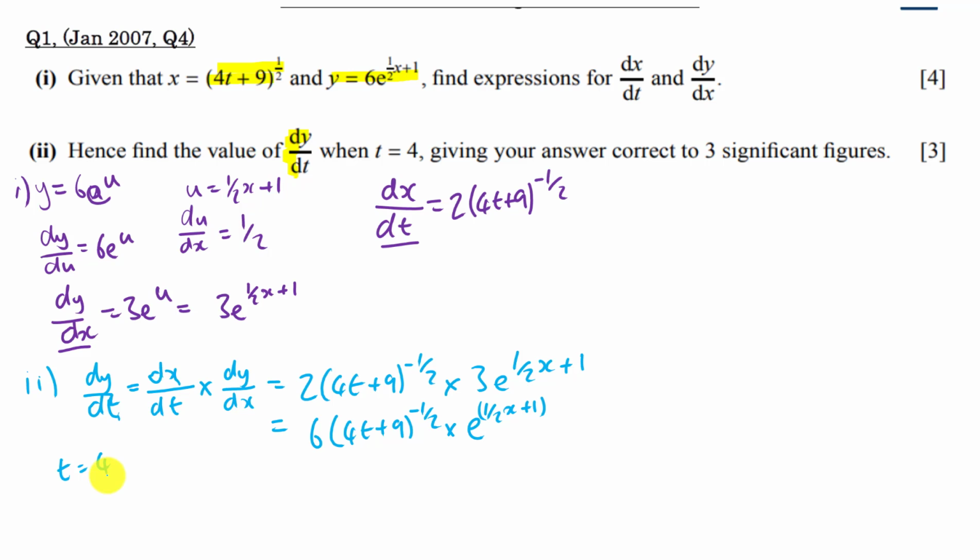You would, and that would be a part of it, but can you see here, let's highlight this so you can see, how we're going to find the value of dy dt when we've got this x here? So how are we going to change this x into t? This is the key part to getting full marks on this question.